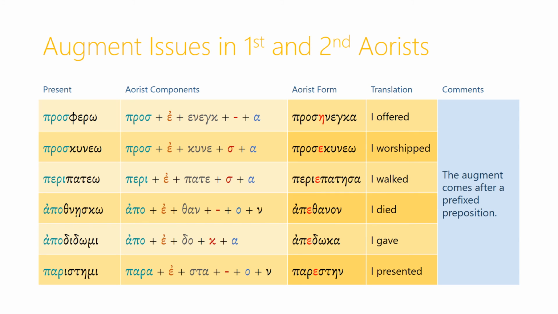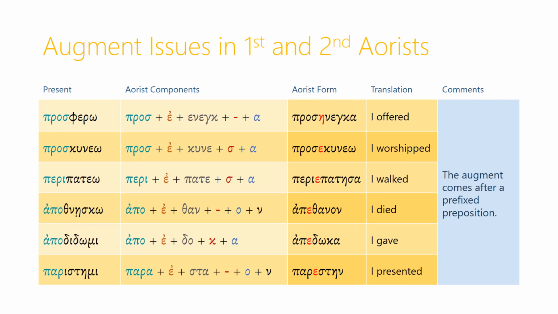Before we leave the aorist verbs, it's important to note just a couple of other things about augments. One is that when you add an augment onto a verb with a prepositional prefix, the augment goes between the prefix and the verb stem. So for example, in prosphero, pros is a preposition that's added on as a prefix to the main verb phero.